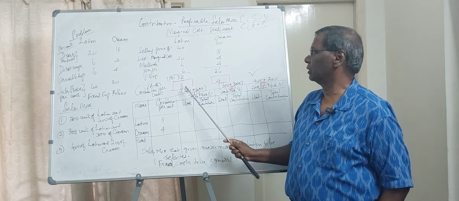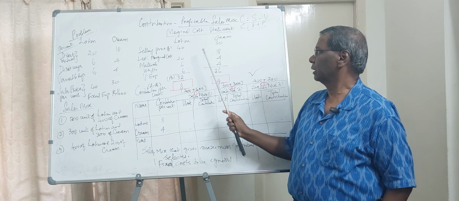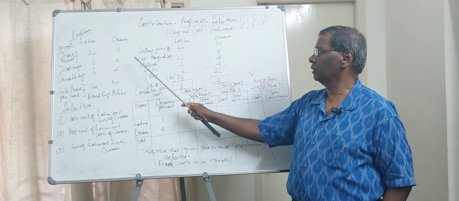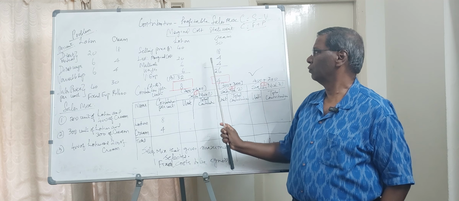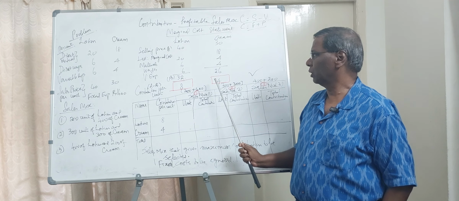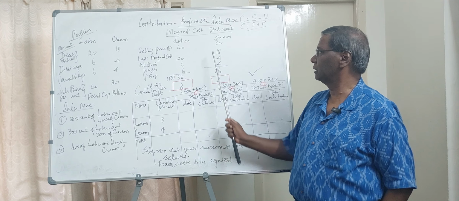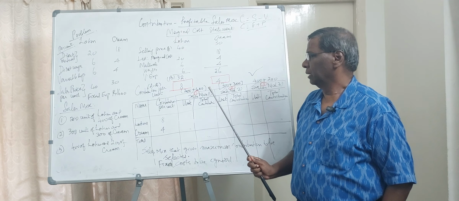Another thing is cream: the selling price is 30, and the marginal cost is 18 plus 4 plus 4, 26 per unit. Contribution is sales minus variable cost, 30 minus 26, so 4 per unit.